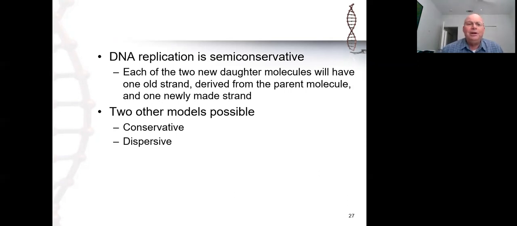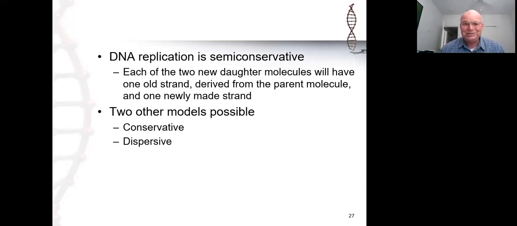Because not only were they trying to show that DNA was replicated in a semi-conservative fashion, they had to be able to demonstrate that it was not replicated in some other fashion, and two alternative models had also been suggested. One is known as conservative and the other is known as dispersive.